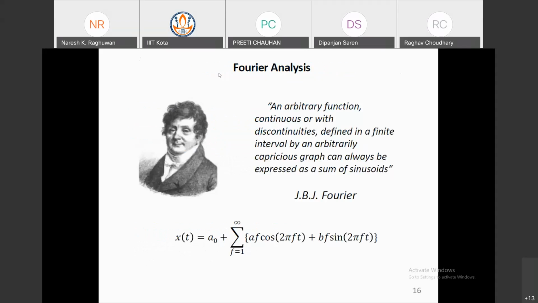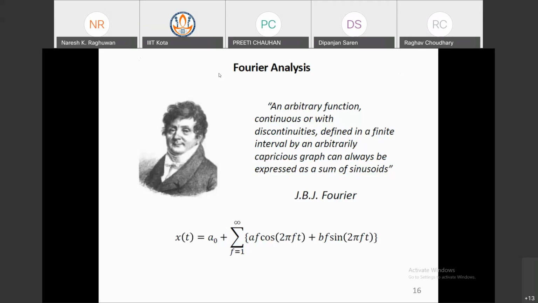Okay, so in the next slide, the Fourier analysis. Basically, if you look at the vibration signals in the first chapter, you will see what type of vibration signals there are. Fourier explained that these signals comprise cosine and sine functions.